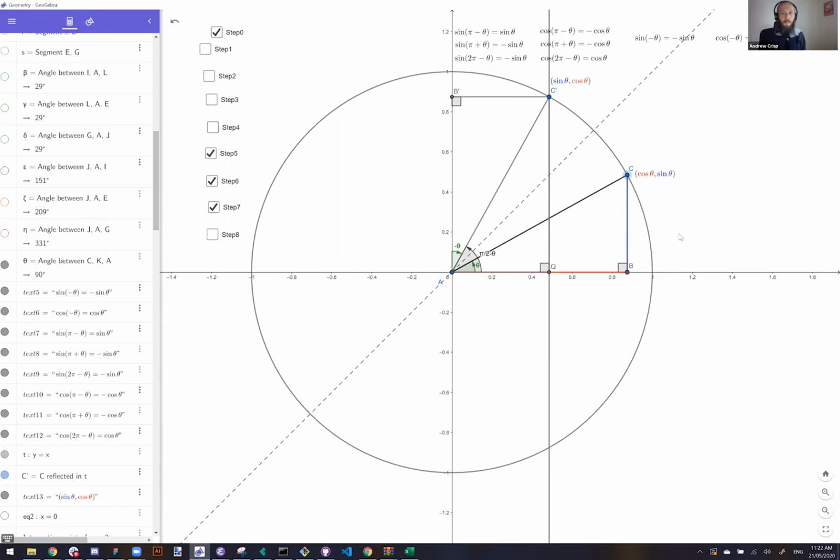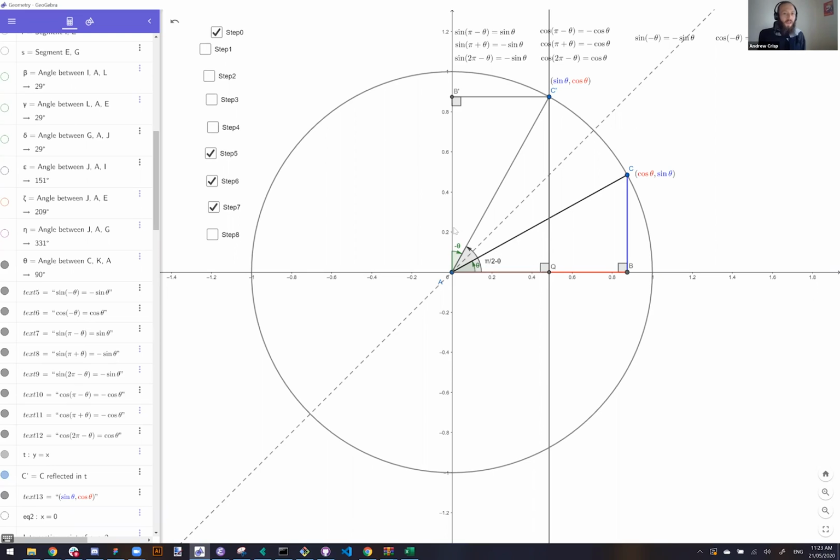So let's think about using this new triangle to calculate the sine and cosine value of this point a different way. Well, since this is minus theta, and I know that a right angle is pi over 2 radians, then the angle that I've got marked here is pi over 2 minus theta.